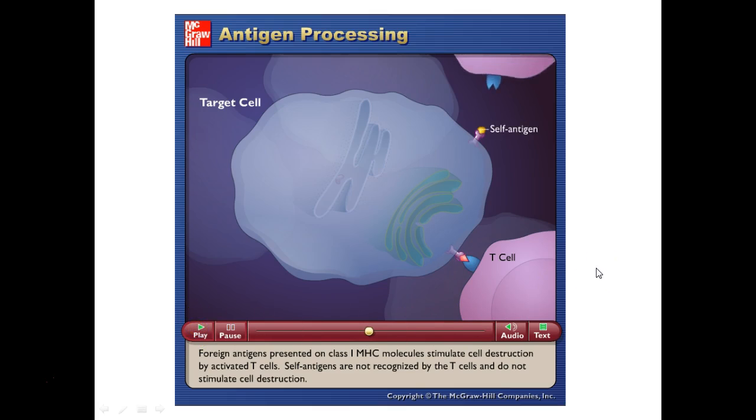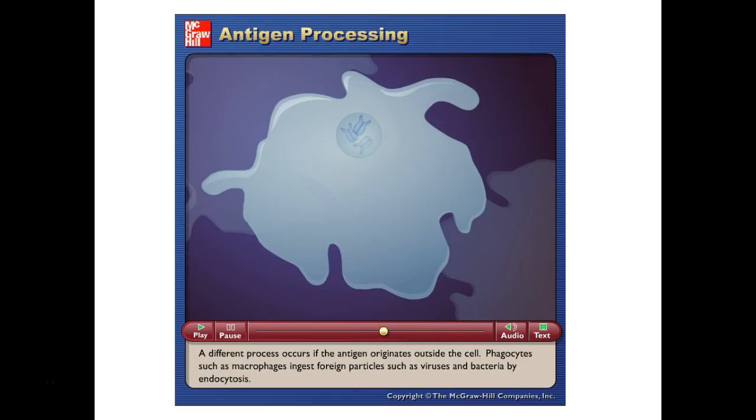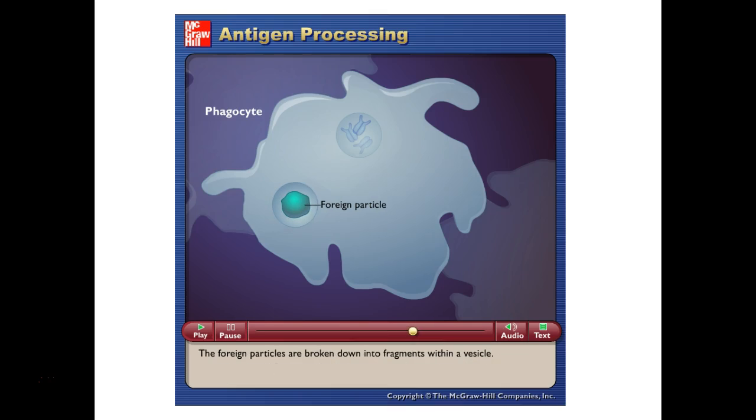Self-antigens are not recognized by the T cells and do not stimulate cell destruction. A different process occurs if the antigen originates outside the cell. Phagocytes, such as macrophages, ingest foreign particles, such as viruses and bacteria, by endocytosis. The foreign particles are broken down into fragments within a vesicle.